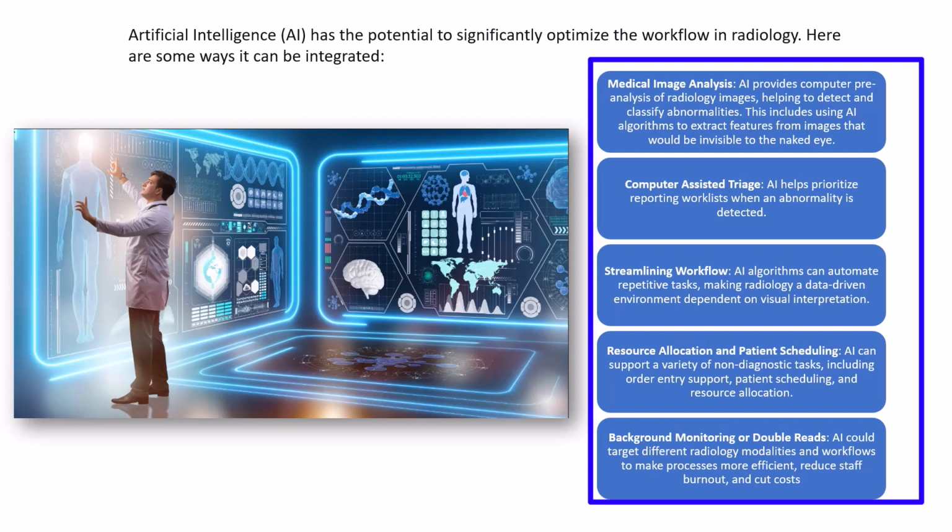AI algorithms can also be used for streamlining workflow for both the radiologist and the technologist. It can be used for patient scheduling, and also AI could target different radiology modalities and workflows to make processes more efficient and reduce staff burnout and cut costs.